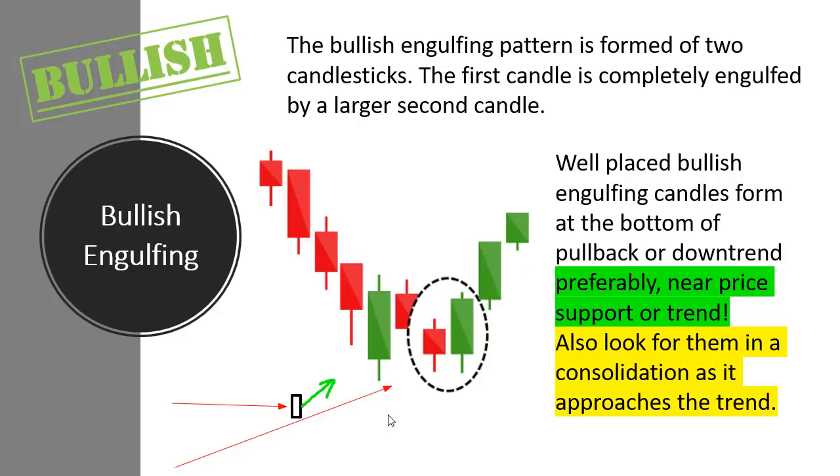It only technically, JP, it only needs to engulf the body of the candle. It does not have to engulf the wicks and tails. Now, wicks and tails is something we always have to pay attention to. If I had drawn this with a great big tail down here, well, first off, that's going to look more like a hammer, right? And then we have a hammer follow through.